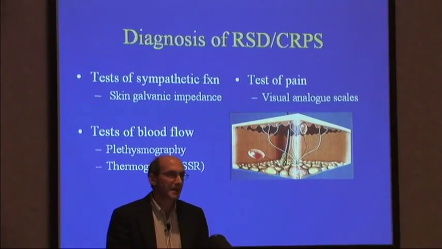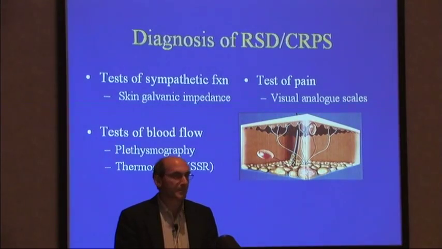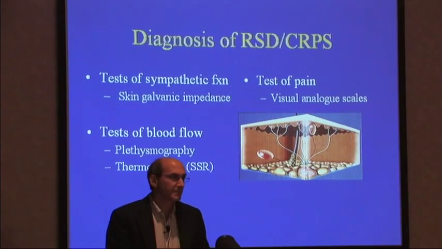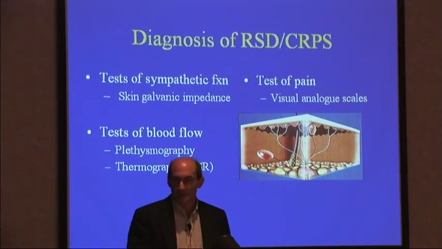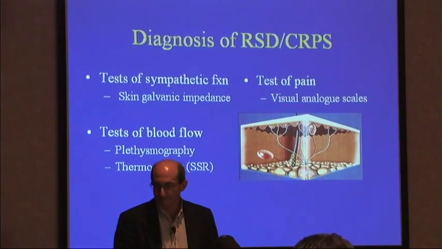And it would be plethysmography, such as we use in segmental vascular studies, or thermography, and what we call more and more sympathetic skin response studies, because we do all of our tests under cold stress, so that we're in fact doing a sympathetic skin response. And believe it or not, the third accepted criteria is visual analog pain scales, or tests of pain.